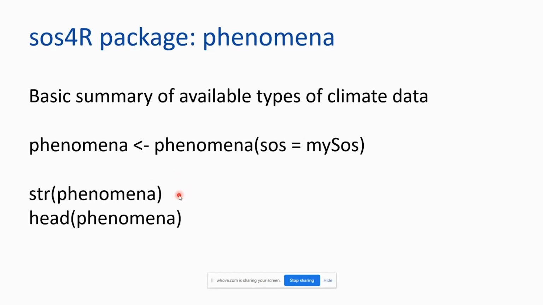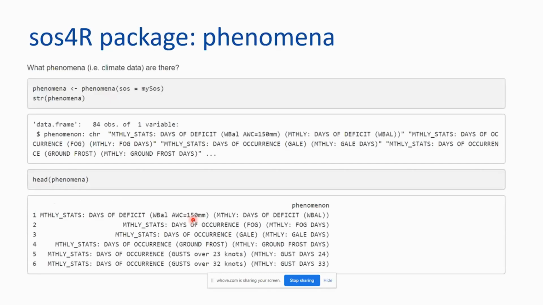But STR is short for structure. It's going to examine what type of data you have there, what its format is, and display it a bit. Head shows the first 6 data items. So it's a quick way of seeing what you've actually got. Okay, that's very straightforward.